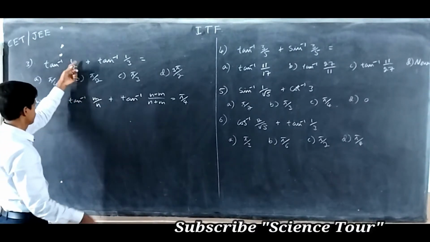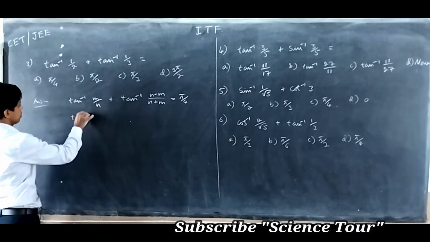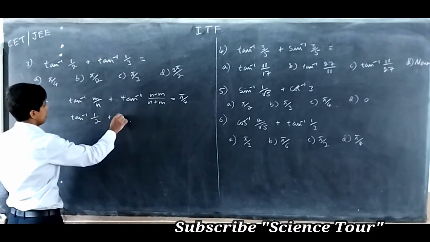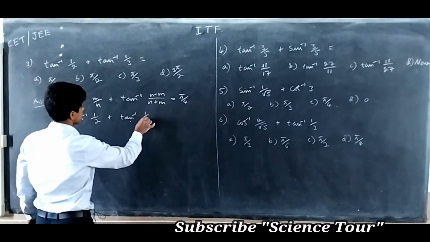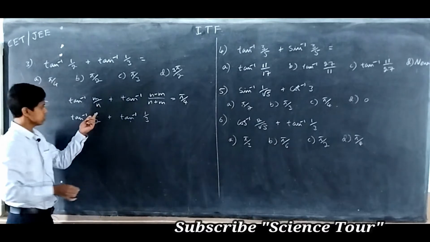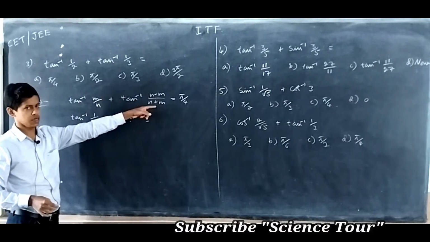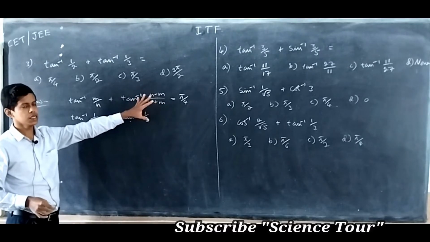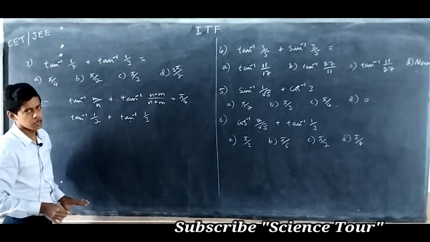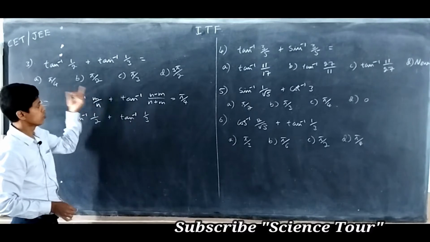Now I have got tan inverse half and tan inverse of 1 by 3. Using this m by n, can I write this in the form of n minus m by n plus m? If I am able to write, then the answer is pi by 4, otherwise not pi by 4, we have to go for the normal method.